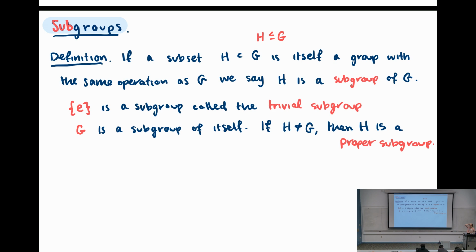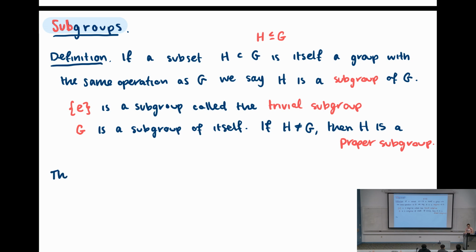Okay, are there any questions about the definition? We're going to see a lot of examples, and you may already be thinking about some examples of subgroups that you might know. But before we get into the examples, I'm going to give you a tool for testing if something is a subgroup.